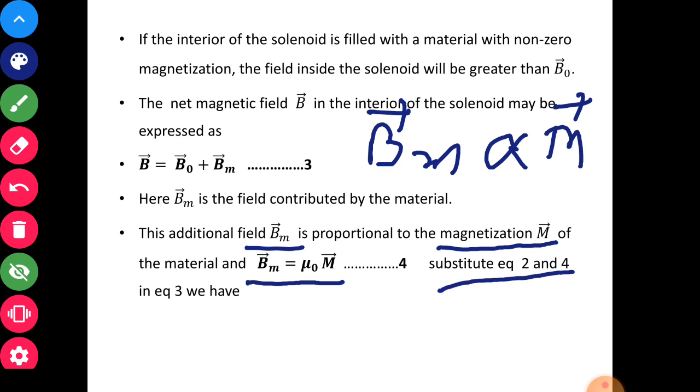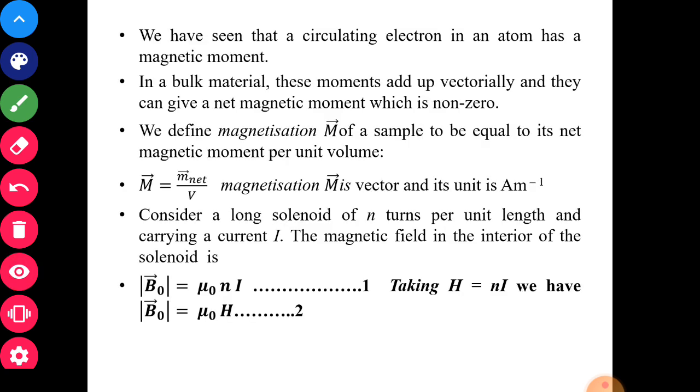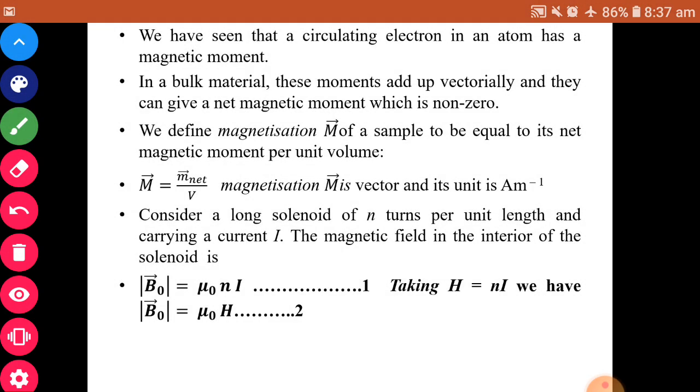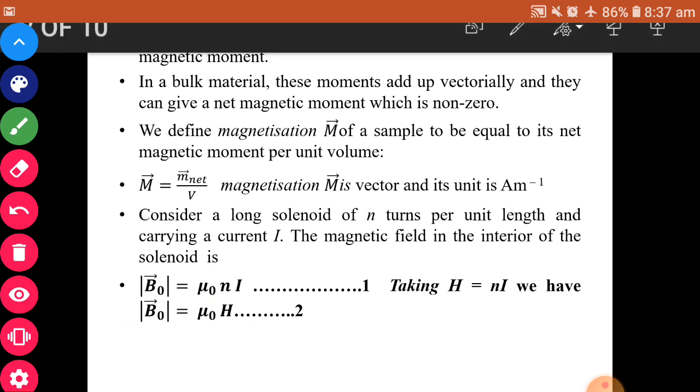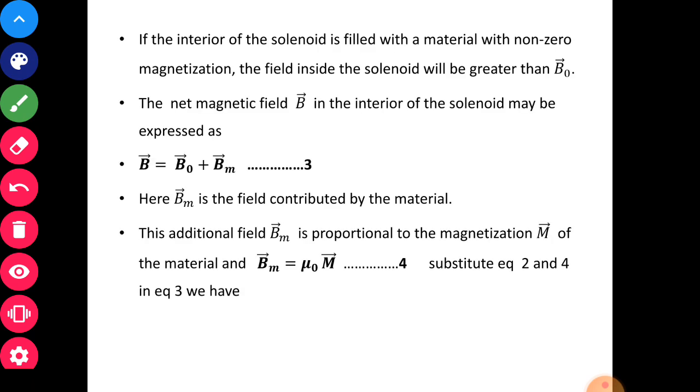Okay, now you substitute this equation. Substitute equation 2 and 4 in equation 3. Now what was our equation number 2? Equation number 2 was B0 is equal to mu 0 H. Now you can substitute the value of this second and this fourth in equation number 3.